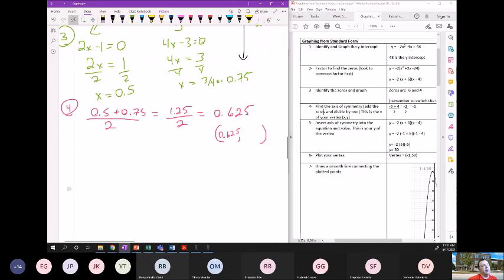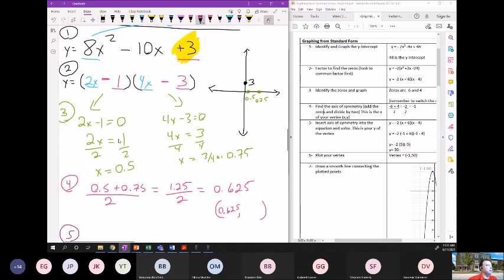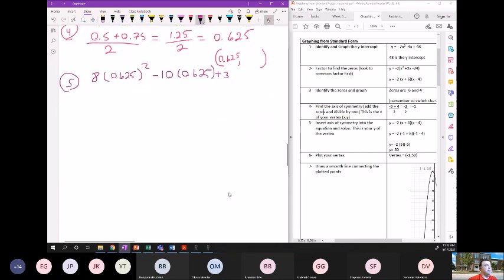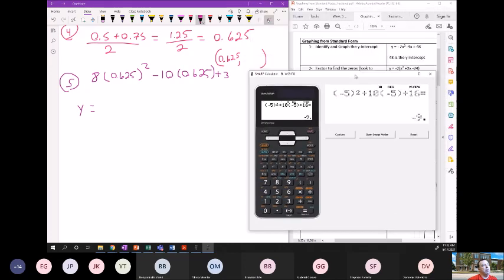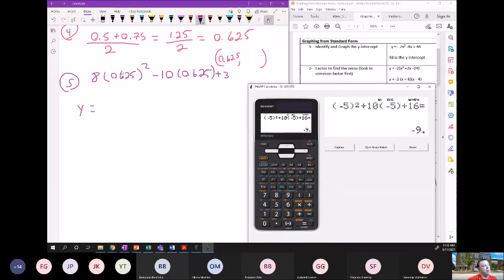So that's step 4. Now we go on to our step 5, which would be to plug this into our original equation. Step 5, we're going to take that number and plug it into our original equation. Our original equation was 8 bracket 0.625, and I will never give you one this nasty, squared minus 10 times 0.625 plus 3. Okay. I will always give you ones on assessments, stuff like that, that have whole numbers.